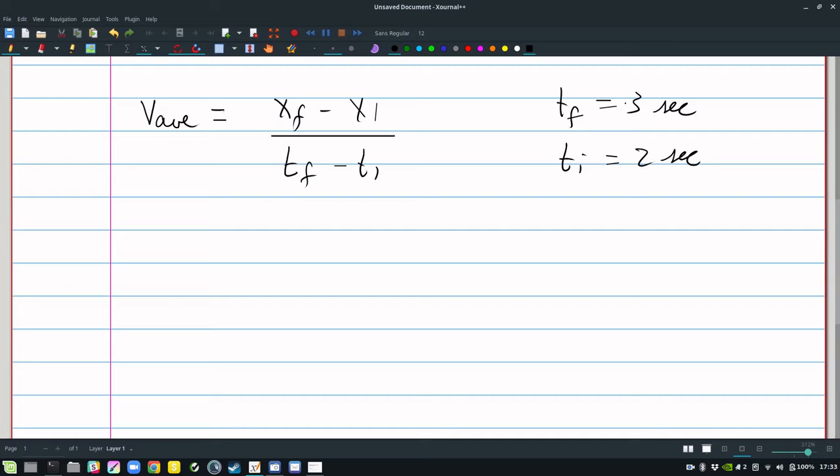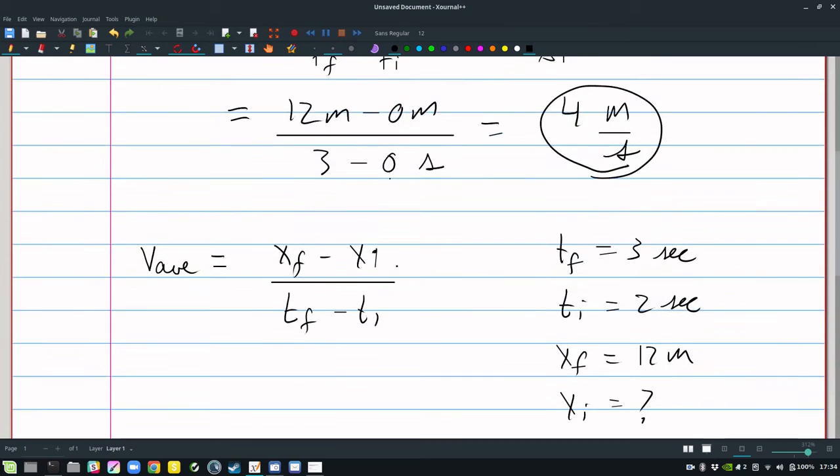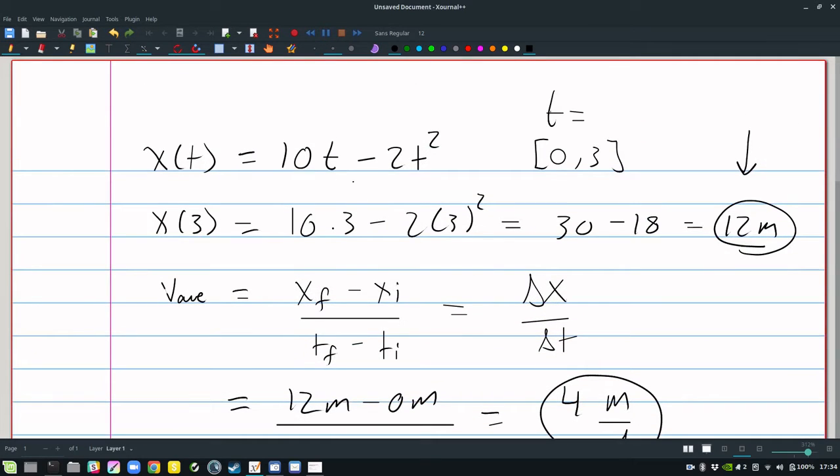If t final is 3 seconds from the prior problem, x final is still 12 meters, but we need to know what is x initial, because now the t initial is different, and so we need to plug in x initial right here, but we don't know yet what that is. And so if we look here, what would happen if we plugged in 2 seconds for t?